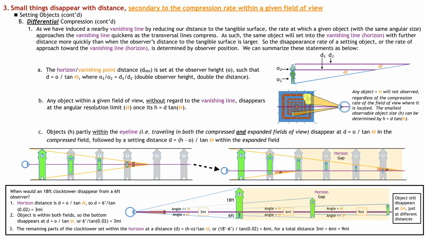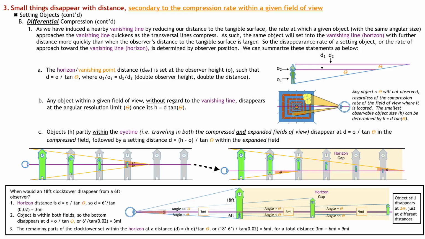They disappear at a distance d equal to the observer height divided by tangent theta in the compressed field, that first field, where after that they begin to set. And that distance is then equal to the object height that is still visible once it reaches the horizon line, minus the observer height, divided by the tangent of theta. So we'll go through an example here for how that looks.